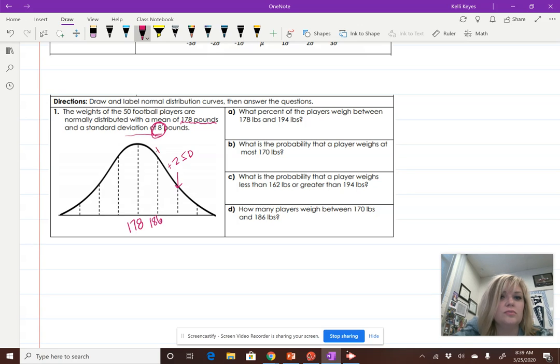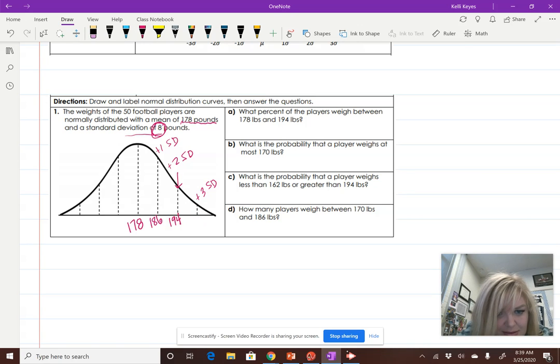So plus 1 SD, plus 2, plus 3 SDs. Okay, so then I add another 8 to 186, and that would be 194. And then I add another 8, and that would be 202, I think.